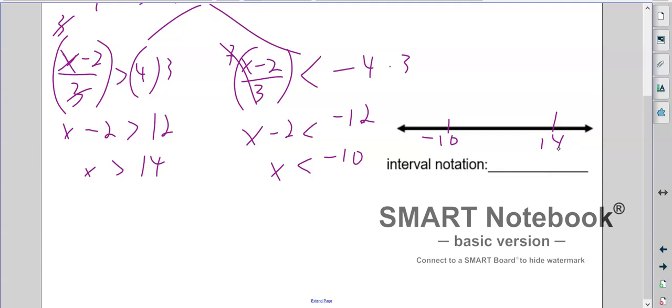X is greater than 14. X is less than -10. So therefore, again, we're going to have two parentheses. All right, negative infinity, positive infinity, and then our two numbers, 14 and -10. And that's it.